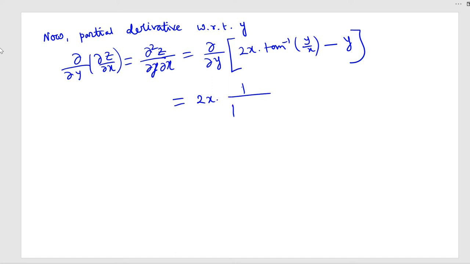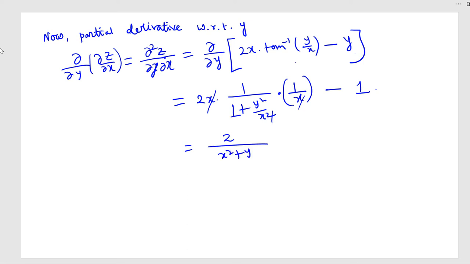So 1 upon 1 plus y square by x square. Since we are differentiating with respect to y, there will be 1 by x multiplication. And then for this y, it will be 1. Now this x will get cancelled, and the numerator will be 2x by x square plus y square. Sorry, this is different.